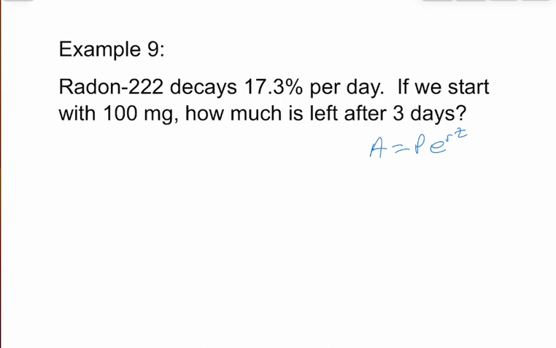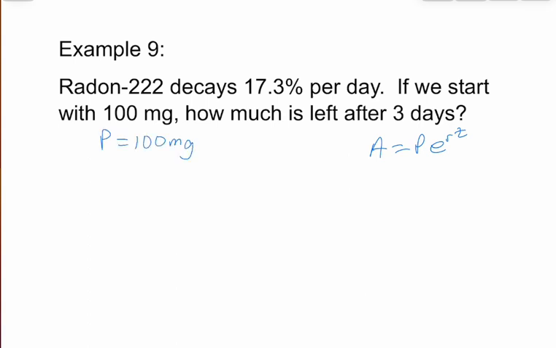Most applications with biology or a physical science will use that PERT formula. Okay, now what do we know? It says if we start with 100 milligrams, how much is left after 3 days? So our starting amount is 100 milligrams.